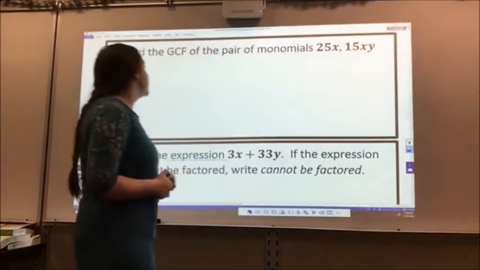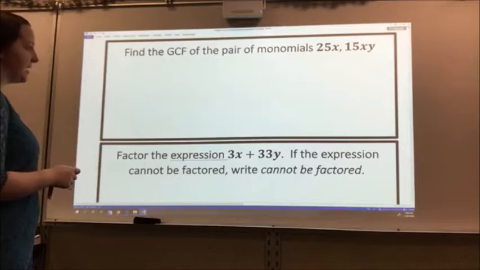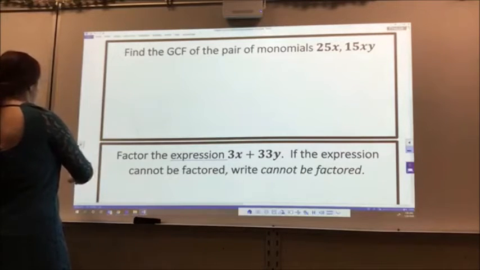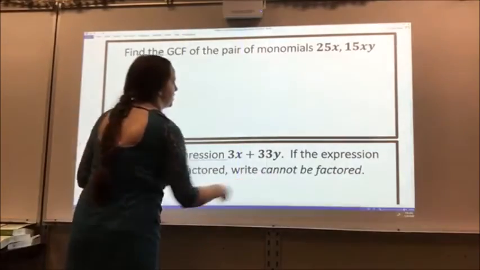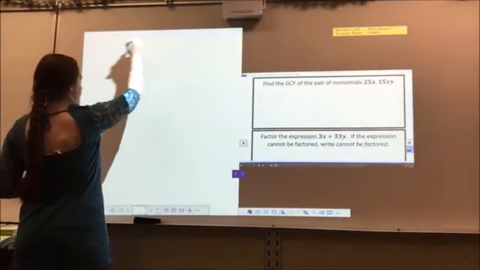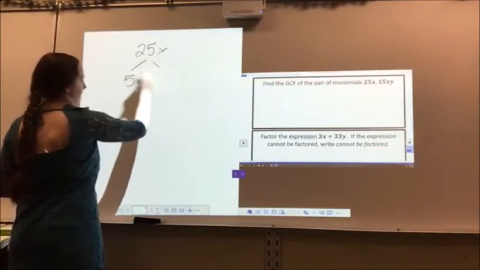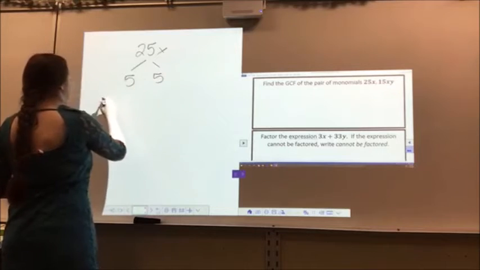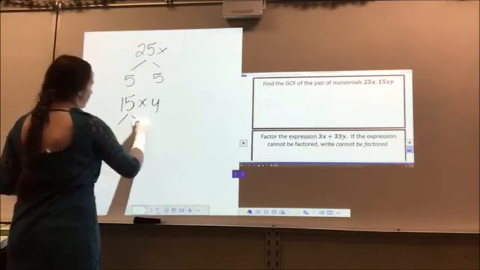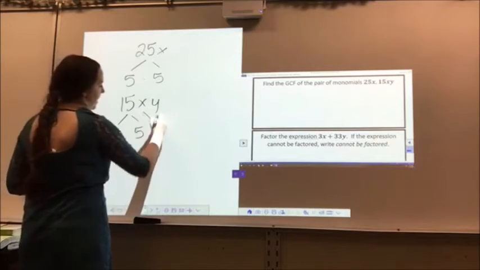So, the first one says find the GCF of the pair of monomials 25x and 15xy. So, I'm going to find my factored form of each of these. The first one I have is 25x. 25 I can break down into 5 times 5. And then 15xy, well 15 is 3 times 5 times x times y.